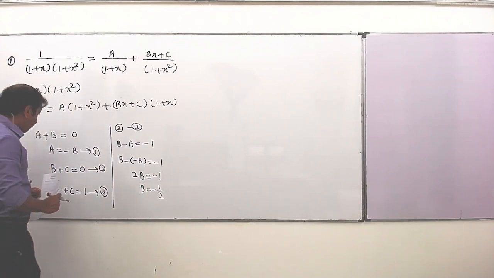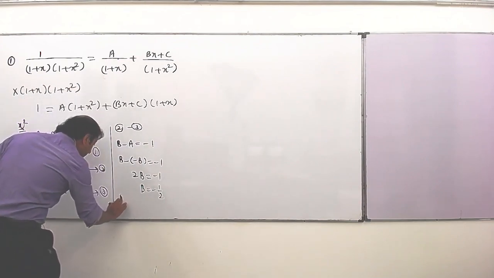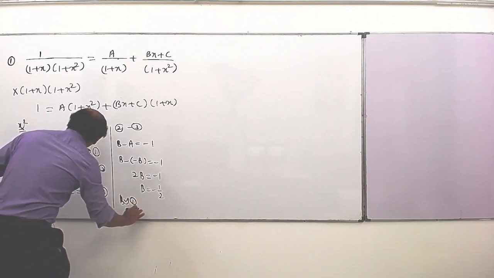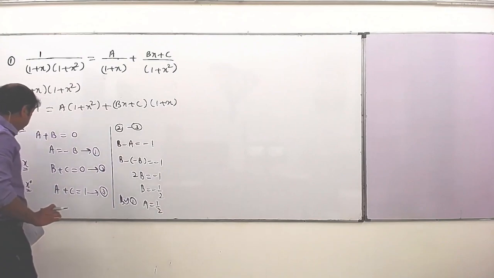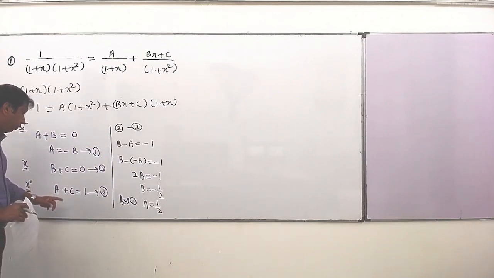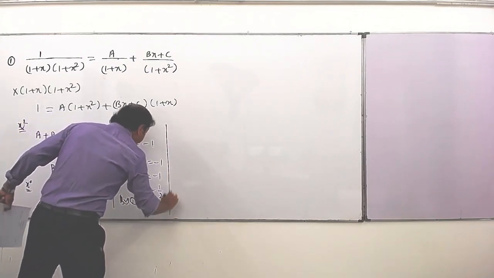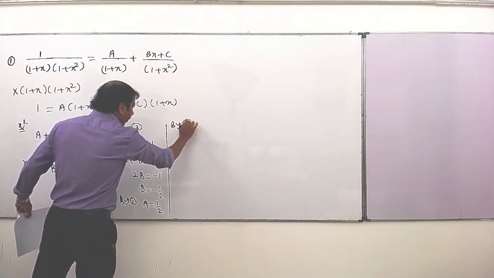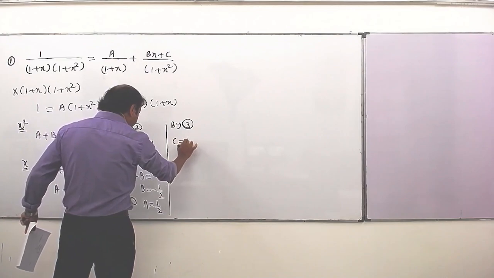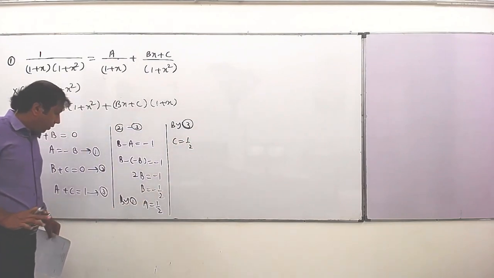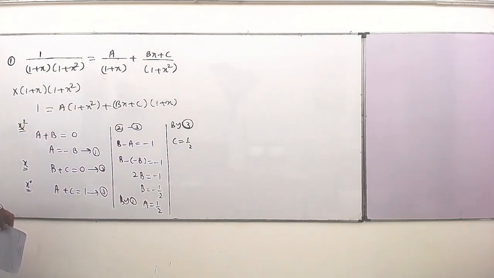Then A equals, by number 1, A equals half. A equals half, means by number 3 you can write C equals half. A half, C half, B minus half.